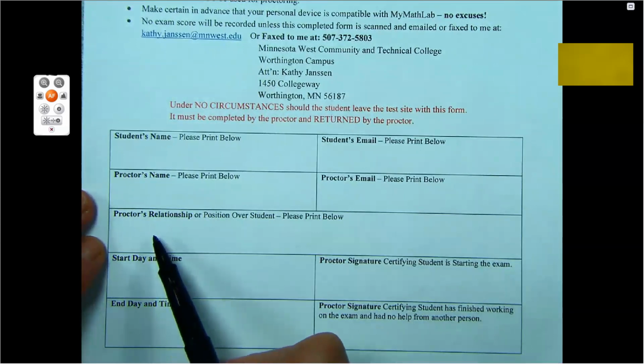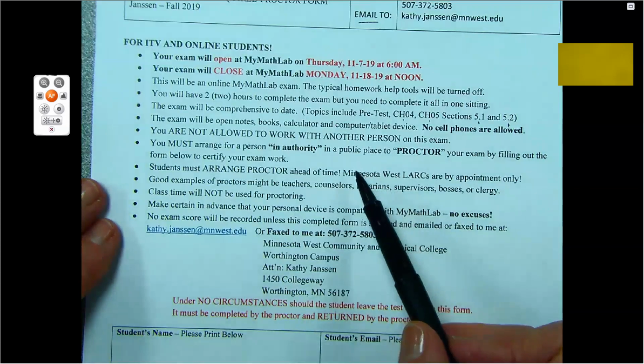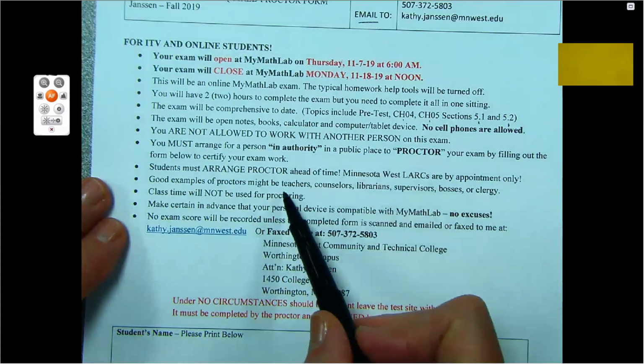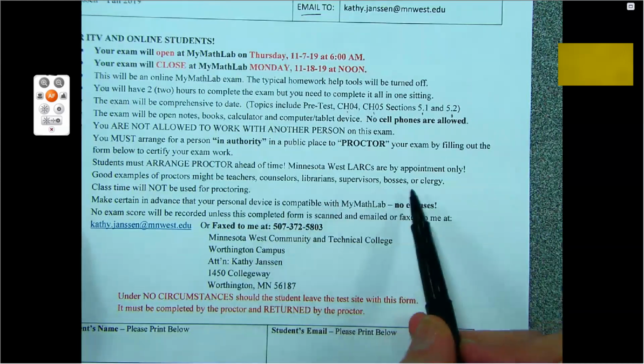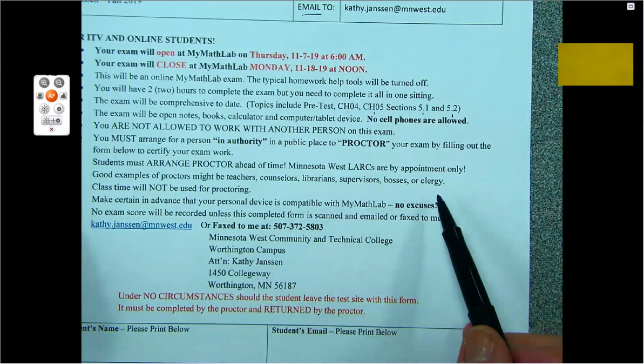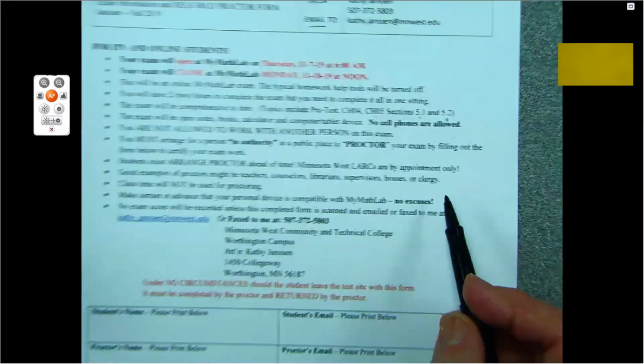How did you choose this person? This person can be a teacher, a counselor, a librarian, a supervisor, a boss, clergy. Our Minnesota West Larks provide proctoring services, but you need to make an appointment.